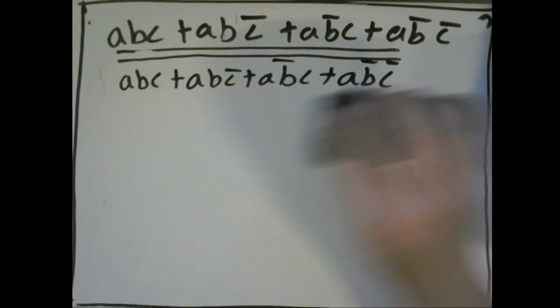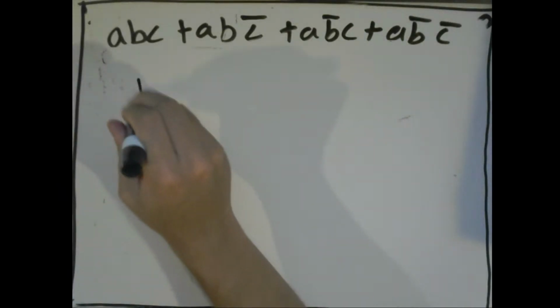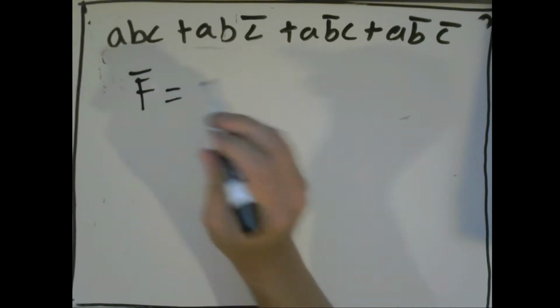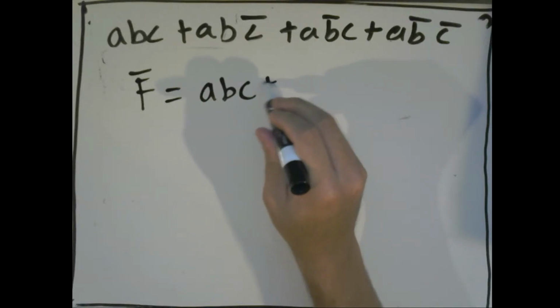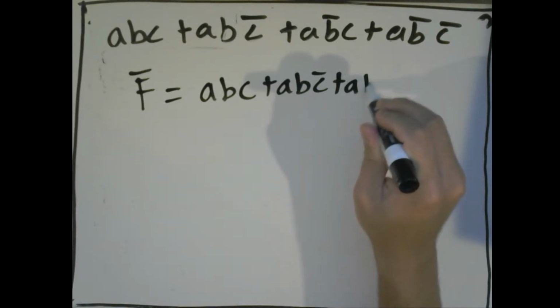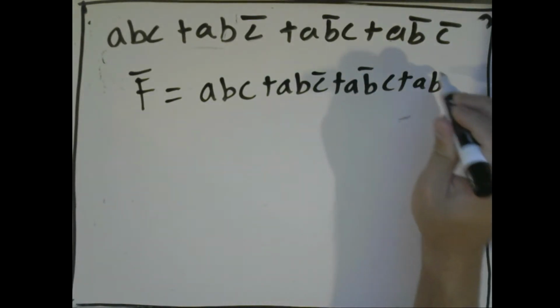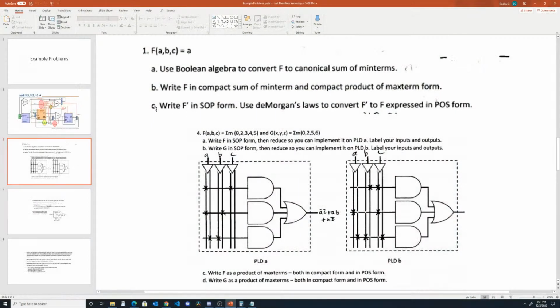This particular problem said to take F naught, which is going to equal A, B, C plus A, B naught, C naught plus C. Write F naught in SOP form. Use De Morgan's law to convert F naught to F expressed in POS form.